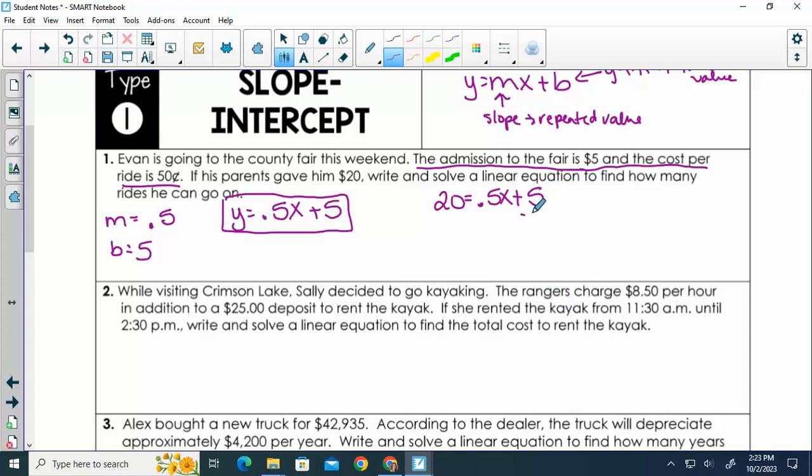So if we subtract our 5, we divide by 0.5. So we have 15 divided by 0.5. So he can go on 30 rides.